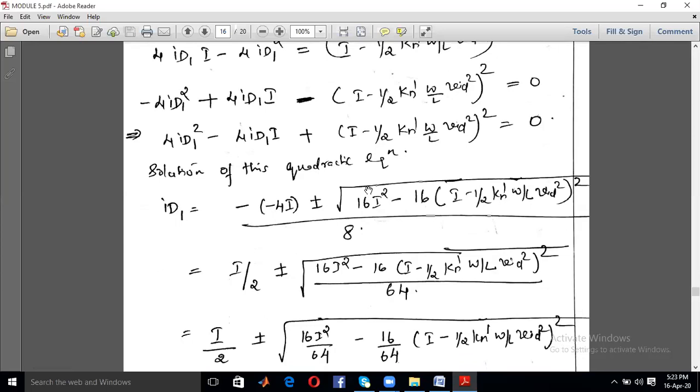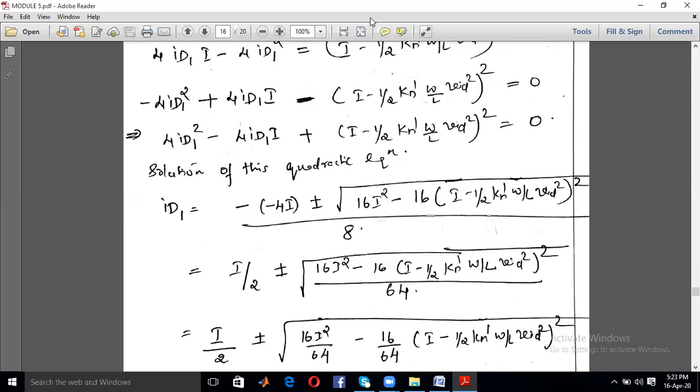It becomes root of 64, because root of 64 is 8, right? So I'll put this 8 inside the square root so that it becomes whole divided by 64. At the same time, this 8 is also applicable for this 4I. So minus of minus becomes 4I. 4I by 8 is I by 2. Okay, so the minus you cancelled. 4 by 8 is 2. So I by 2 plus or minus square root of this entire term whole divided by 64. You got this now?